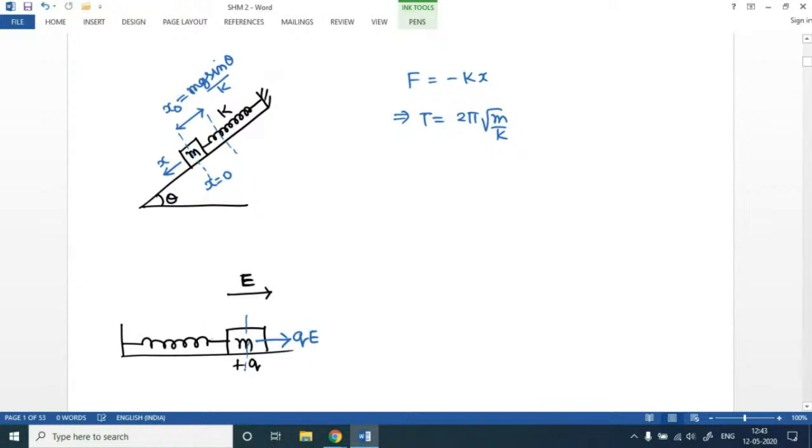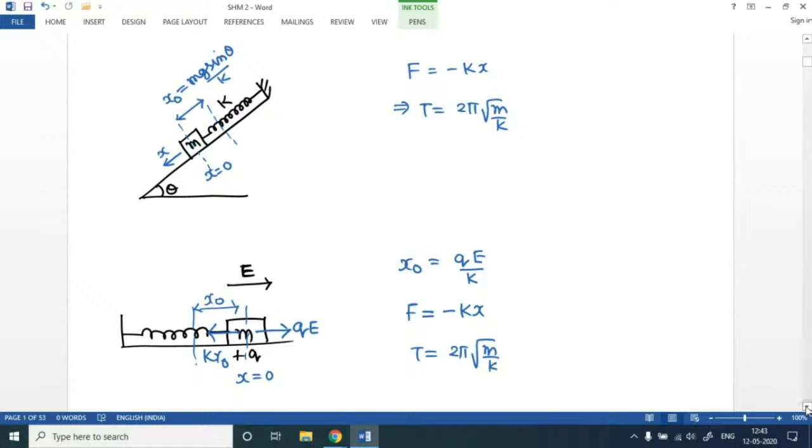So if this is x is equal to 0, it would be already stretched by some x naught over here. So some kx naught would be in this direction. So x naught you can calculate, that is qE upon k. But when you will be writing F, the restoring force, that would be still minus kx over here. So time period would be still 2 pi root under m by k.